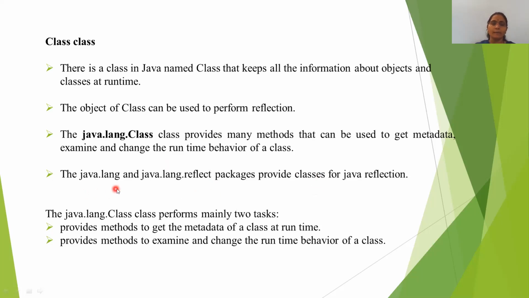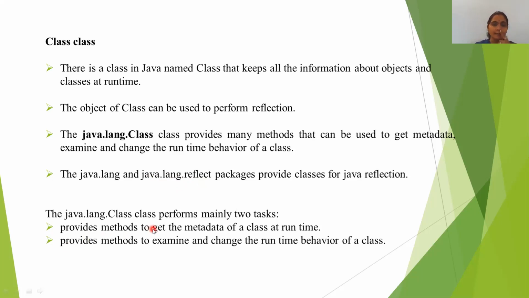You only remember that the lang package is generally used for the reflection concept. All the reflection related methods, objects, and classes are available under the lang package. In java.lang.reflect, java is the name of the language, lang is the package, and reflect is the name of the class.